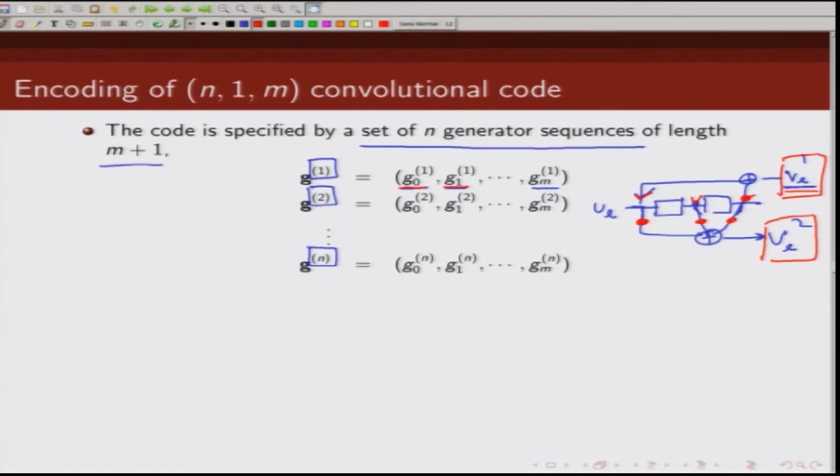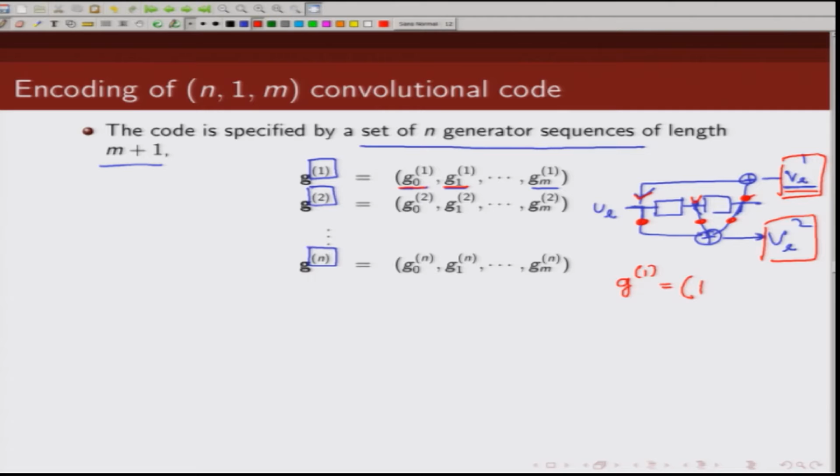So, then what are these g01 and g11? They are either 1 or 0; 1 means the bit is participating, 0 means it does not participate. For example, in this example, is ul participating in the output sequence vl1? Yes, it is. So, then g01 will be 1.